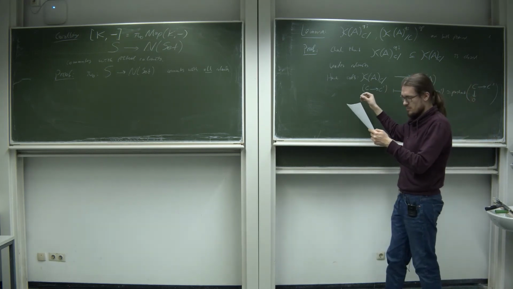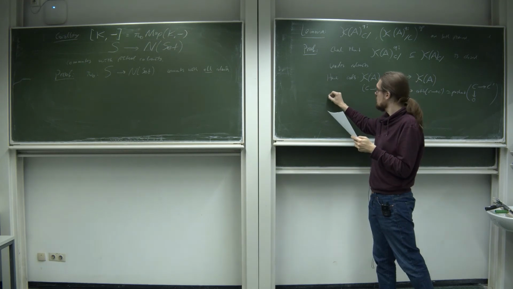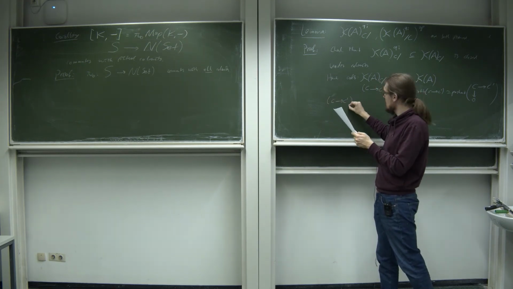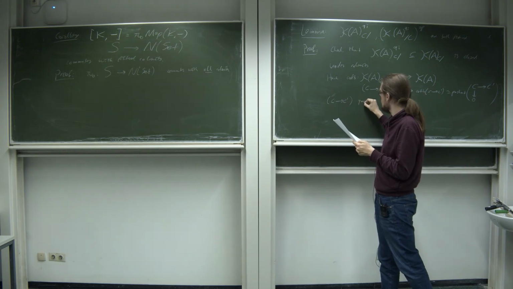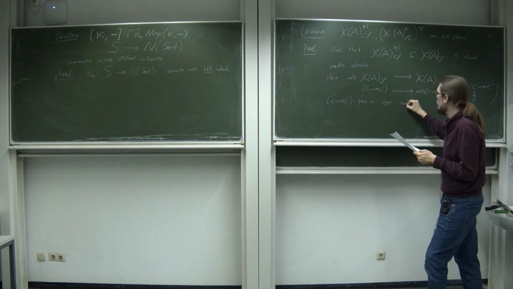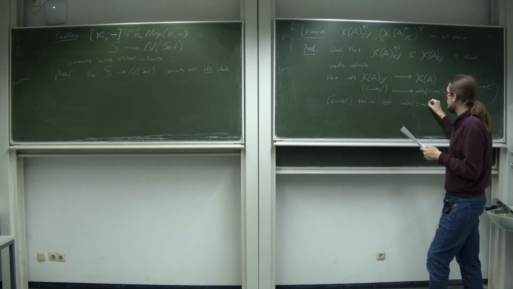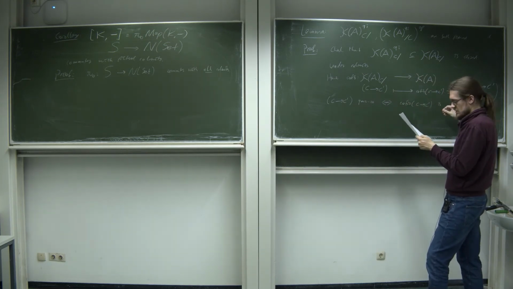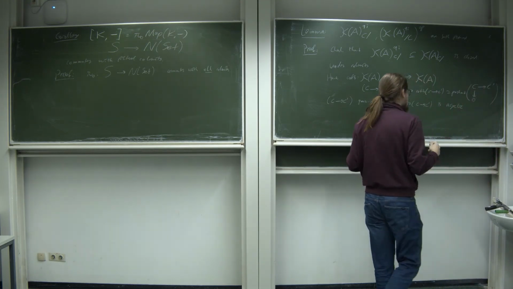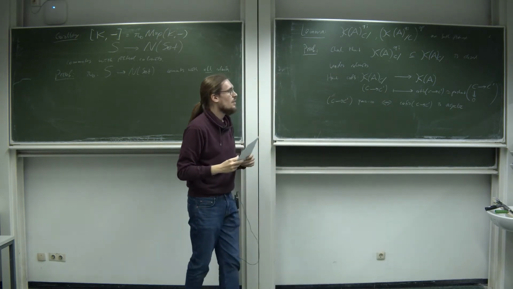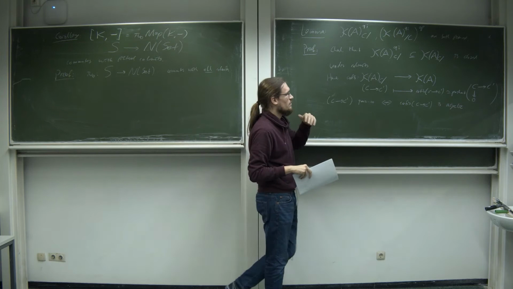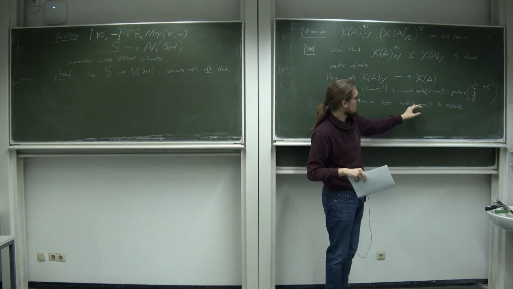Namely, we have that C to C prime is a quasi-iso if and only if the cofiber of C to C prime is acyclic, has trivial homology, is quasi-isomorphic to zero. And you can check that in terms of the long exact sequence.